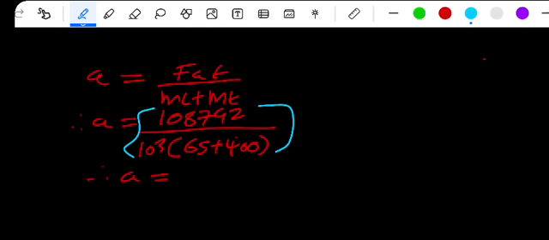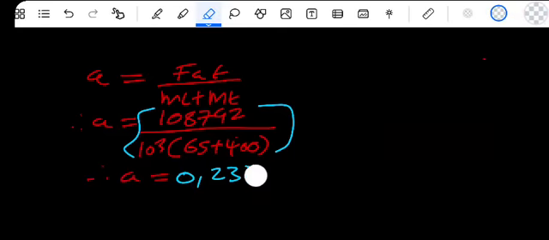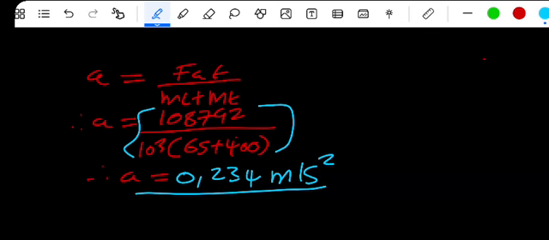I got 0.2339, which is 0.234. On my calculator it shows 0.2339, but if I round it off to 3 decimal places, it will be 0.234, obviously meters per second squared. This is our acceleration.